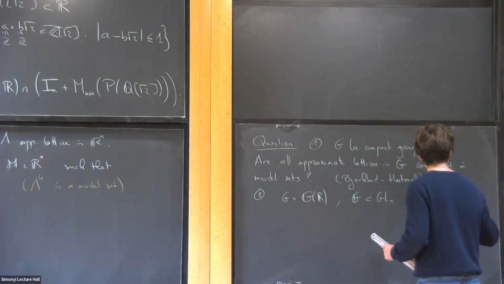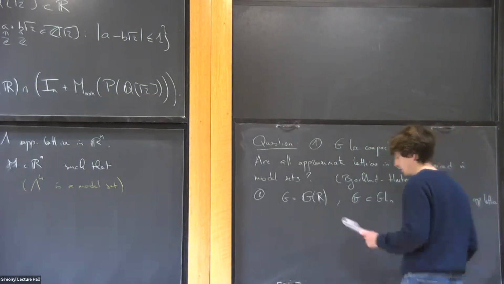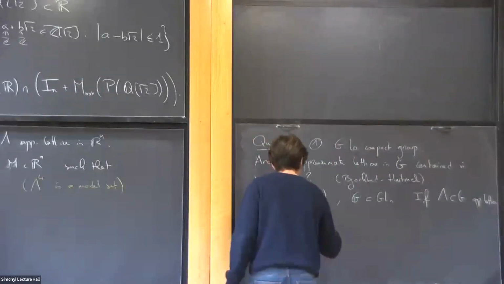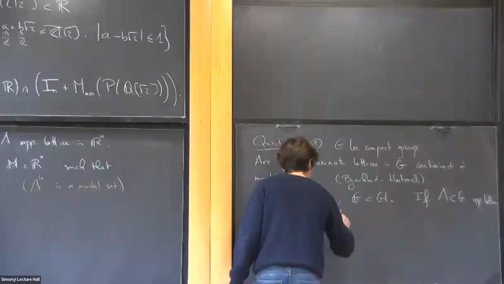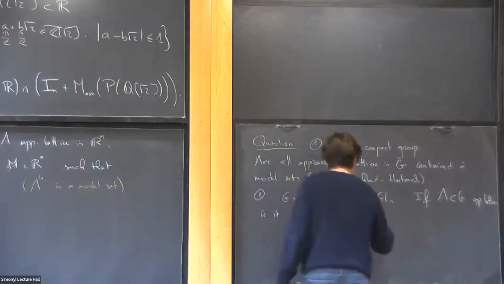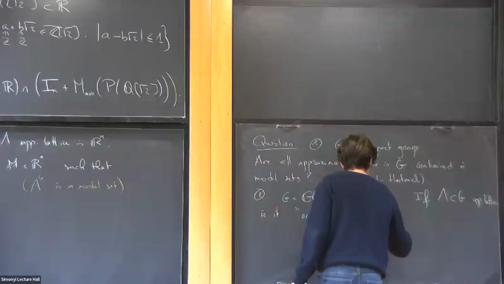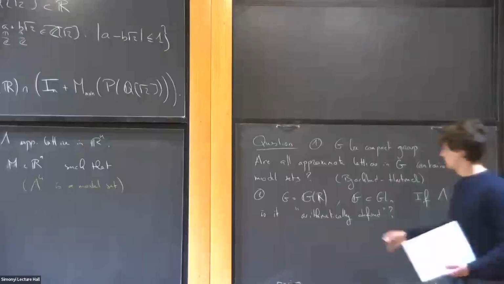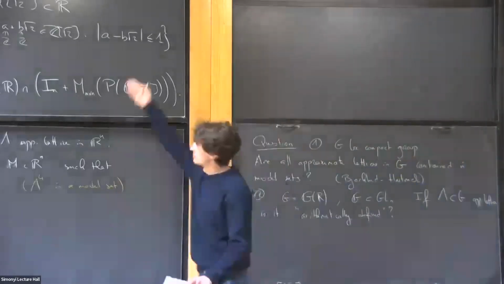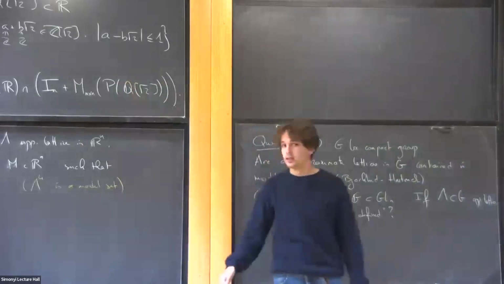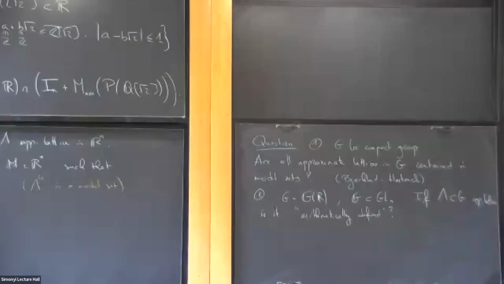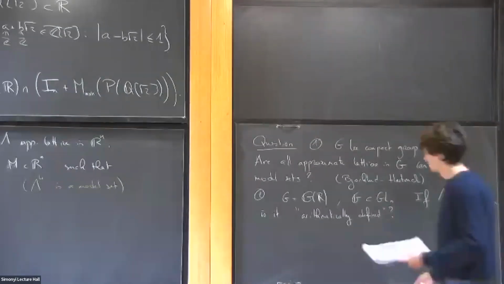If lambda in G is an approximate lattice, is it arithmetically defined? Okay, so I'm not going to explain because it would take a long time what this means exactly, but is it defined like that? You have your algebraic group and you just say, okay, it's defined by simply some conditions on the coefficients or something like that, something of this nature.